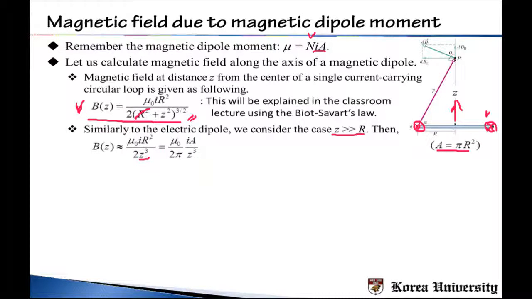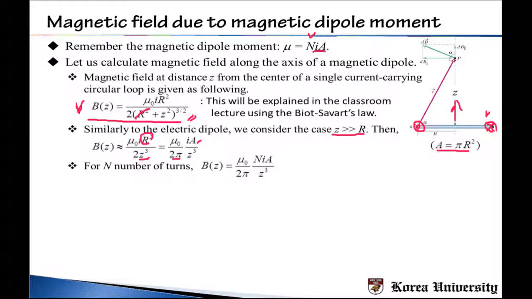The area of this loop was pi r squared, so you can replace this pi r squared with A. Now assume you actually have a coil, so you will have N turns. Then of course you have to multiply this result by the number of turns N. Once you have written it this way, what is this? This is in fact the magnetic dipole moment.